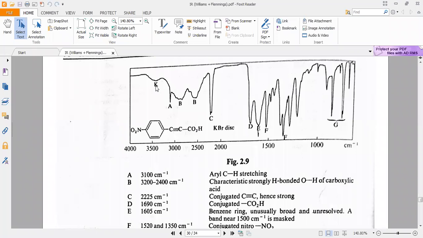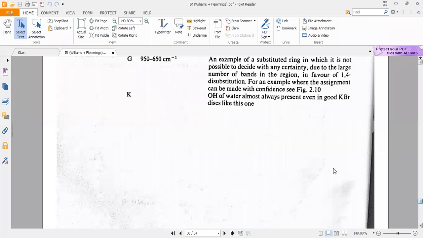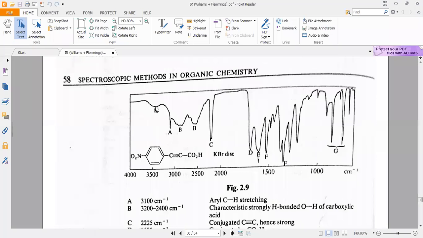In that case, this value being presented here around 3600 for OH is very broad like this.